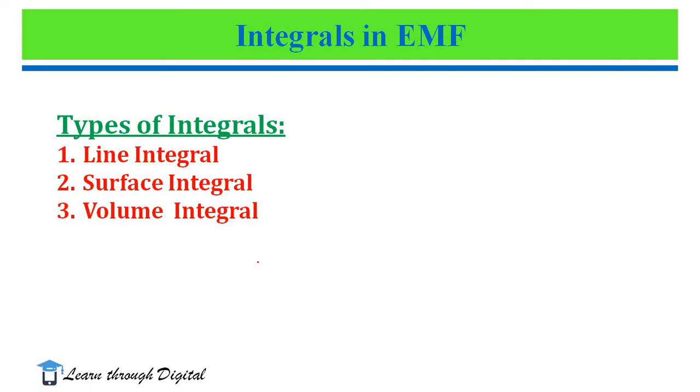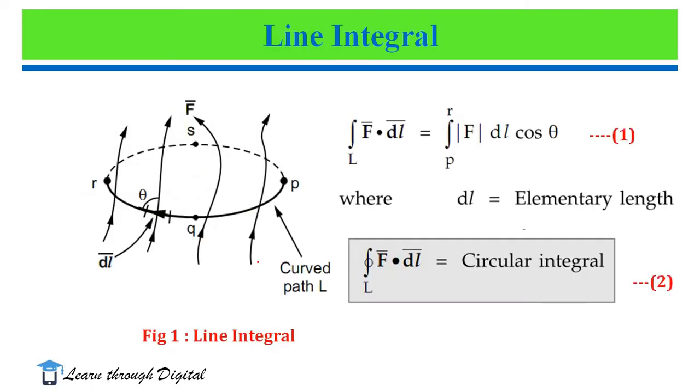Let's start our discussion with line integral. In electromagnetic theory, a charge can exist in point form, line, surface or volume form. Hence, while dealing with the analysis of such charge distributions, various types of integrals are required.